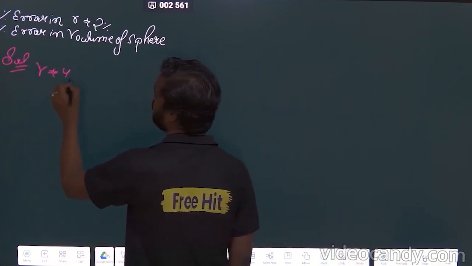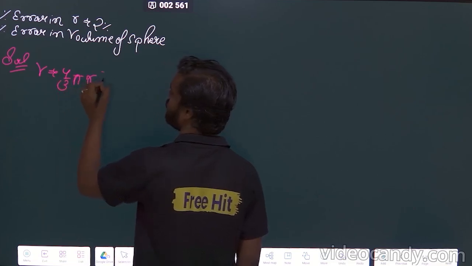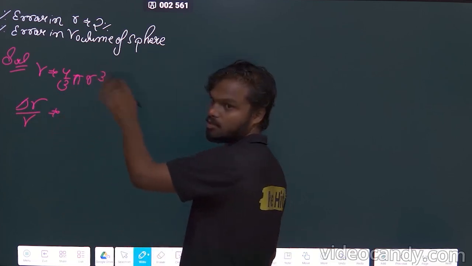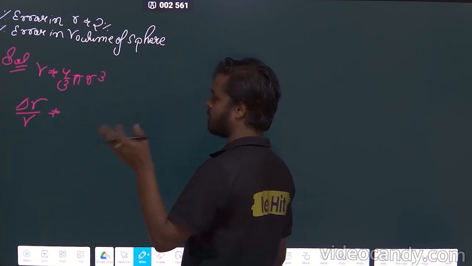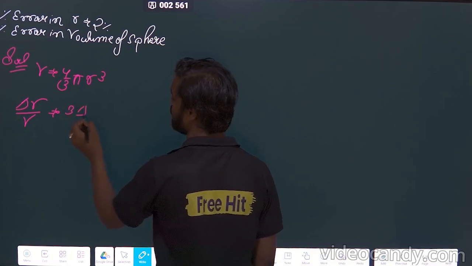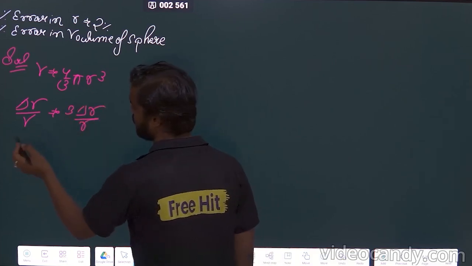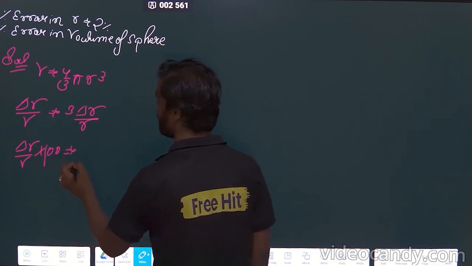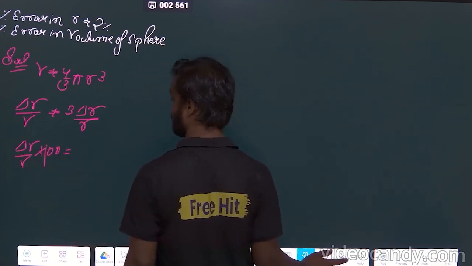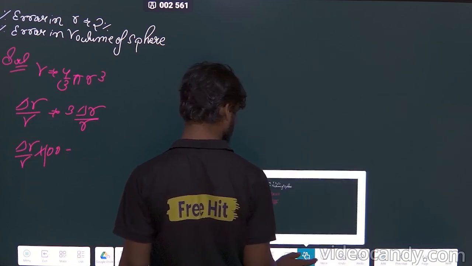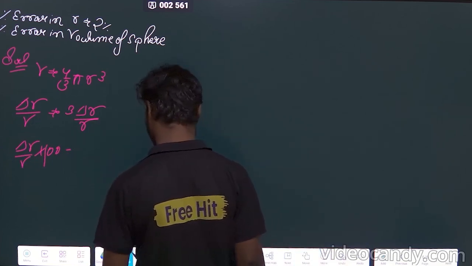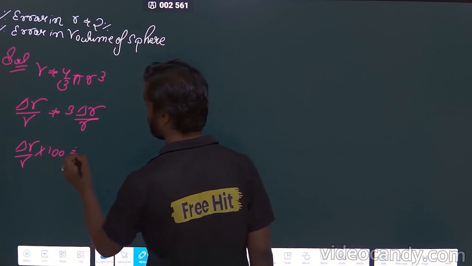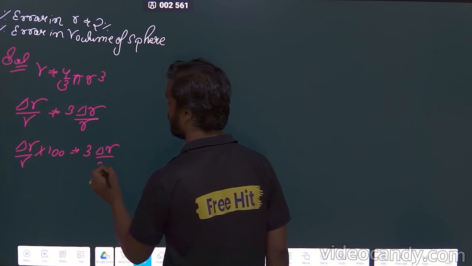Volume is equal to 4 by 3 pi r cube, correct? So if you apply delta V by V, this whole thing is a constant. Constant doesn't matter, okay? So it will become 3 times delta R by R. From here you just multiply both sides by 100, so this becomes 3 times delta R by R into 100.